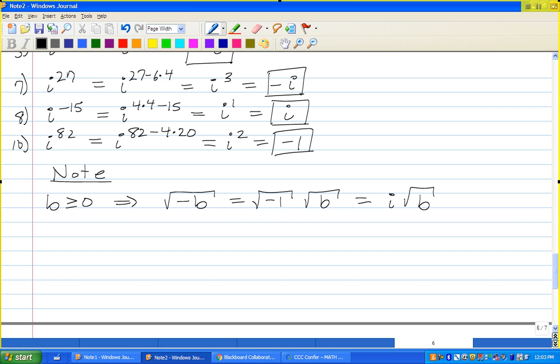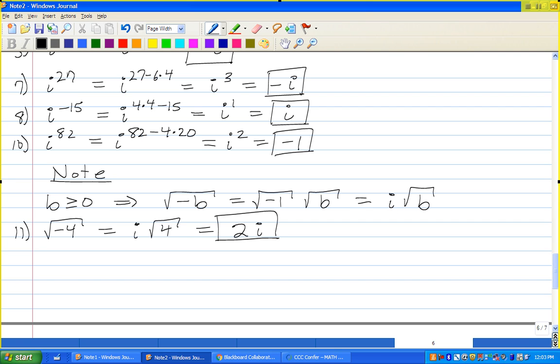So let me do problem number 11. The square root of negative 4. Well, that's just equal to I times the square root of 4, but the square root of 4 is 2. And so the square root of negative 4 is equal to 2I.